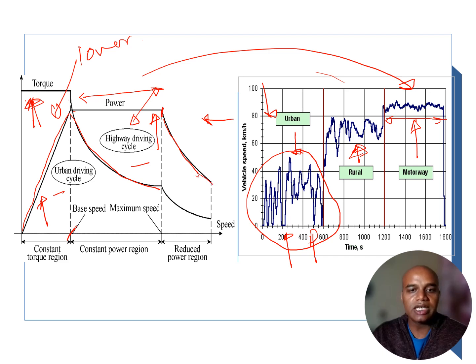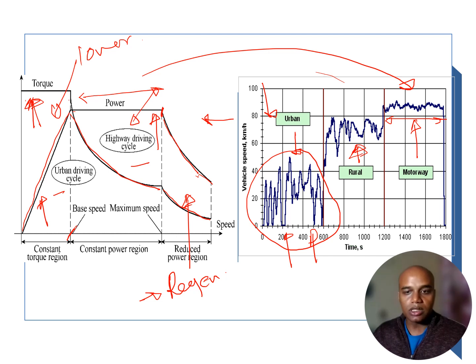You can understand this as going downhill. When I am going downhill, the speed increases, and due to the gravitational force the power requirement reduces, and the torque requirement also reduces. However, to stabilize the EV drive we have to apply torque in the reverse direction. So this could again be a reason for regeneration, not exactly, but if I am going downhill then regeneration can happen in this region.